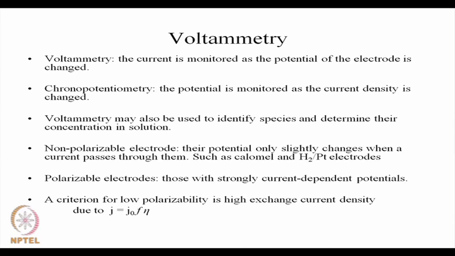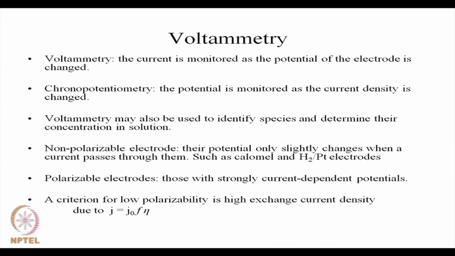And polarizable electrodes are those whose potential is strongly dependent on current. The criterion of low polarizability is high exchange current density, due to J equals J0 times F times eta. Anyway, voltammetry is one of the techniques which electrochemists employ to investigate electrolysis mechanisms.